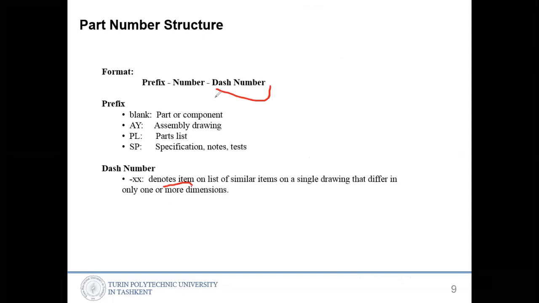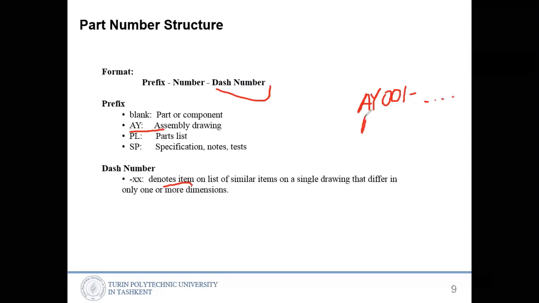So, for example, if you have a lot of assembly drawings, you can write AY, then the assembly drawing number 001, then a dash, and then the assembly drawing or part of that assembly drawing, 001.